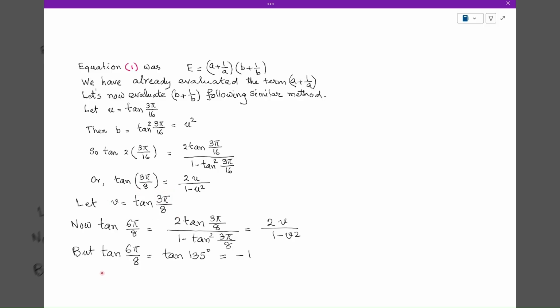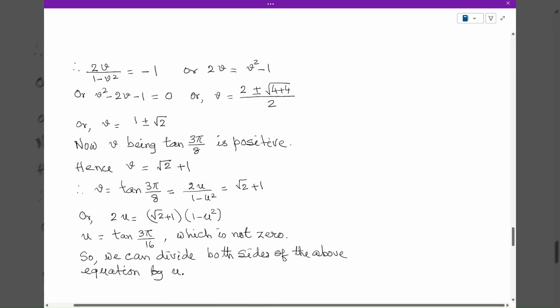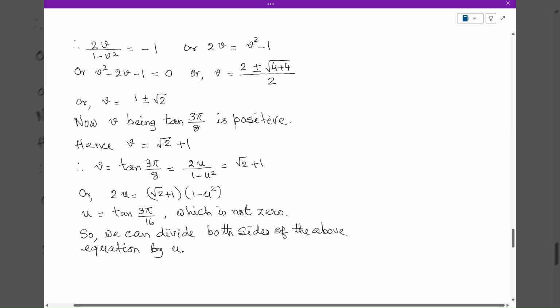But tan 6 pi by 8 is equal to tan 135 degrees, which is minus 1. Therefore, 2v divided by 1 minus v square is equal to minus 1, or 2v is equal to v square minus 1, or v square minus 2v minus 1 is equal to 0.